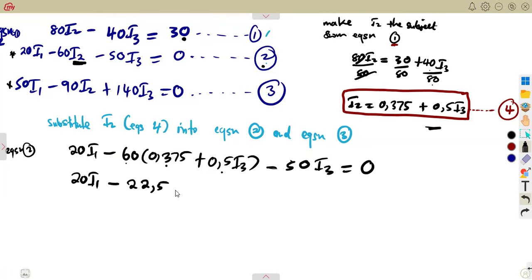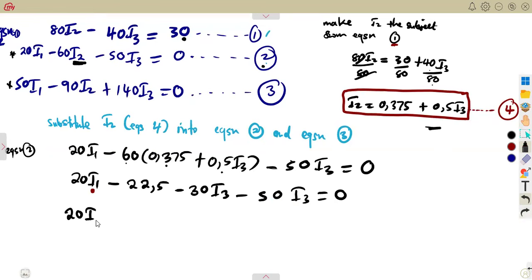Negative 60 times 0.5 I3, that's negative 30 I3. Already there is a minus 50 I3 here, which is equal to 0. If you take a closer look, you'll see that you are left with two unknown values this time, I1 and I3. These are the only unknown values we have, so it's going to be easier for us to work this.